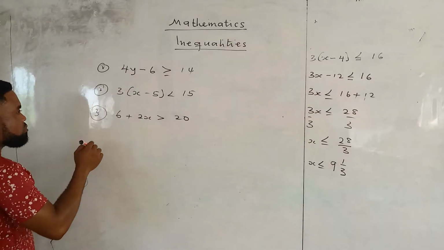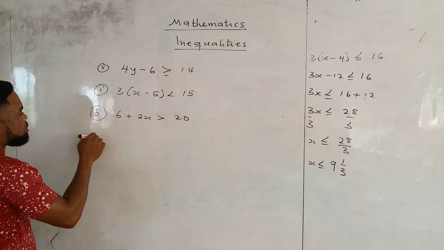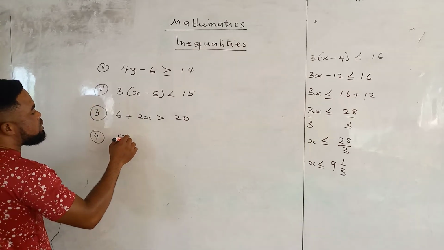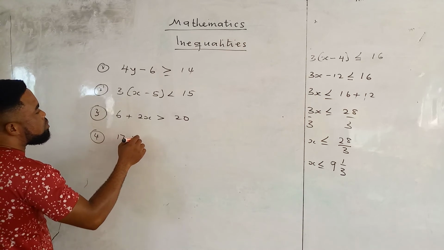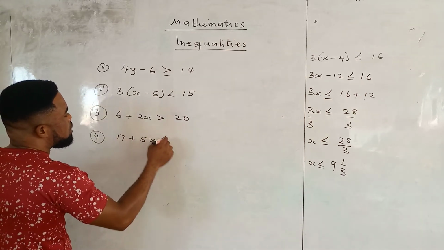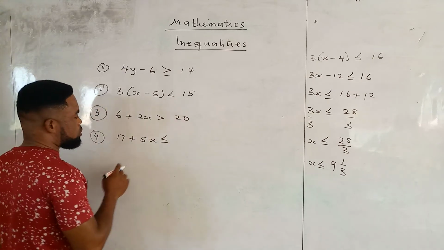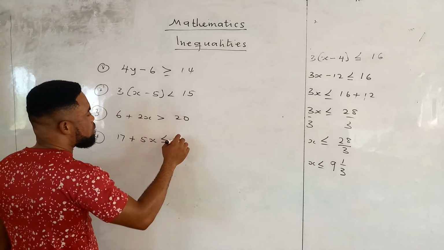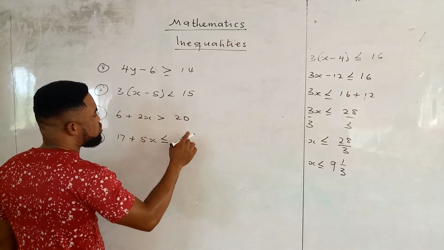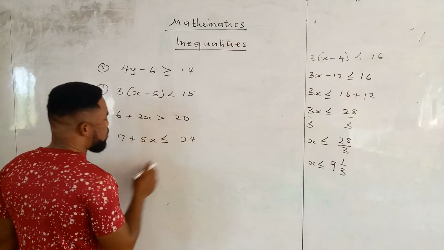Okay. Then number 4, 17 plus 5x less or equal to 24.